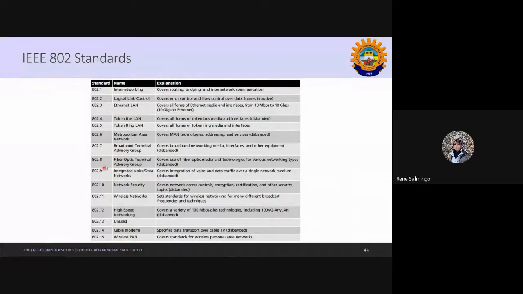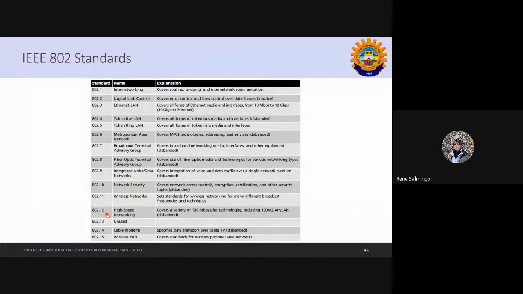Now, for the others, there are some standards that are already disbanded. These are 802.4, the token bus. Also 802.6 was disbanded, and also 802.7, 802.8, 802.9, 802.10, and 802.12.